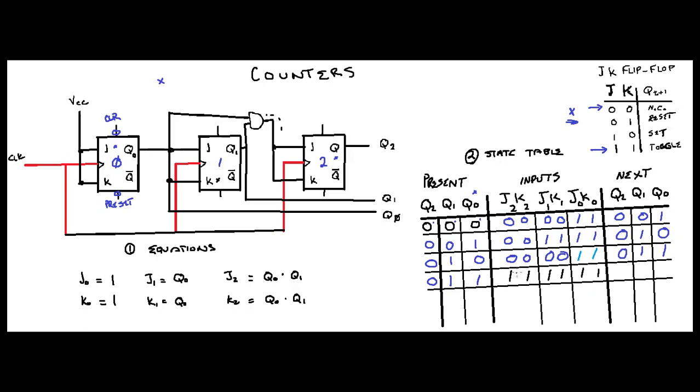Remember, for an AND, both A and B have to be high for the output to be high. So in this case, they're all 1s, which means they're simply all going to toggle. So 1 would toggle to a 0. This 1 would toggle to a 0. This 0 would toggle to a 1, right? What do we do now? Bring it down, write it over again. 1, 0, 0. All right.